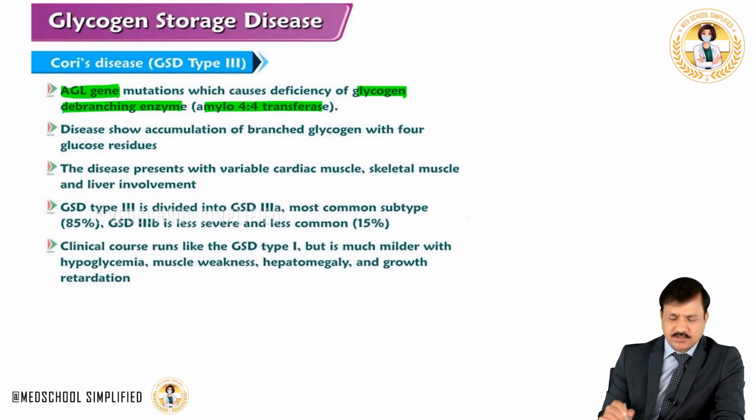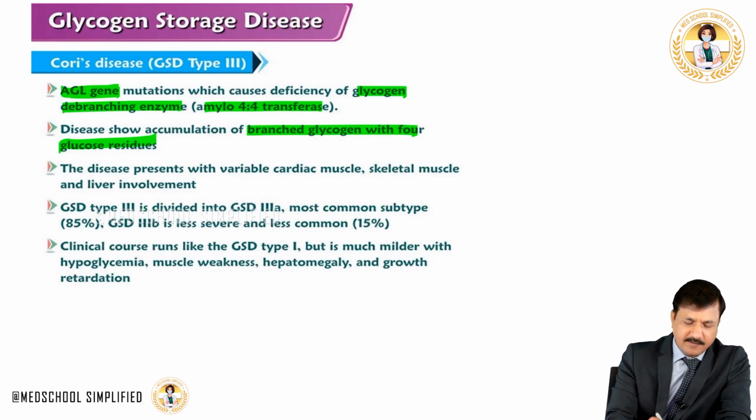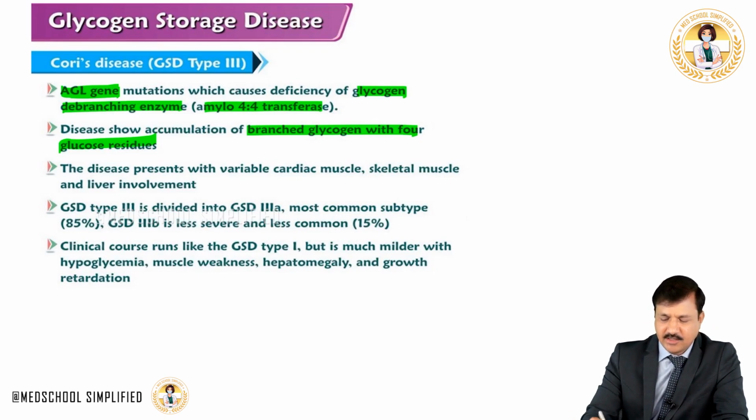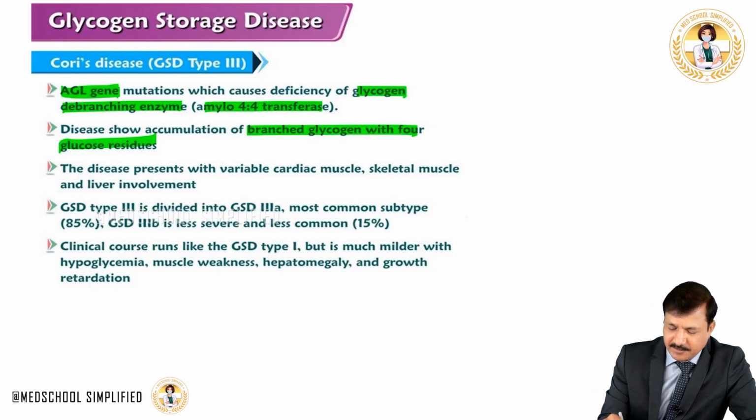The disease shows accumulation of branched glycogen with 4 glucose residues, because glycogen degradation is initiated by the glycogen phosphorylase enzyme. Let me show you with the structure. I'm going to draw one small glycogen branch, glycogen with a branch. All these circles that you see here, consider that those are glucose residues.